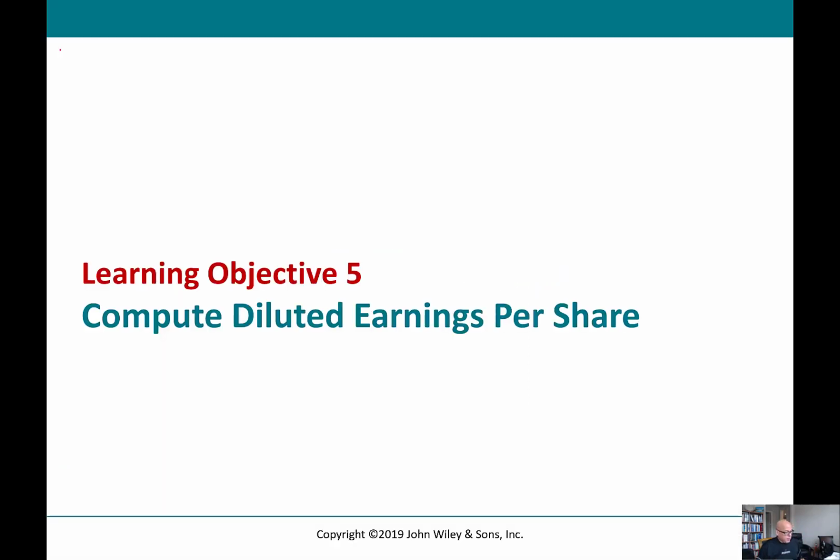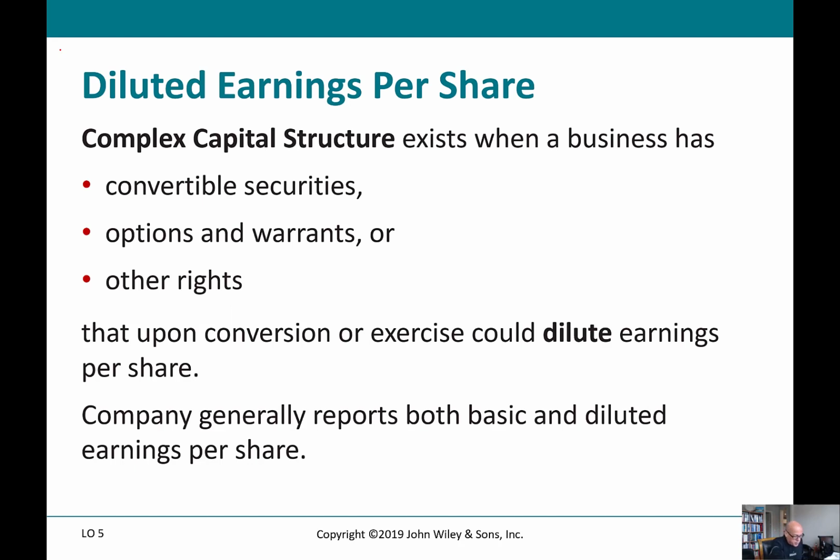And again, the nature of the items that we need to consider in calculating our diluted earnings per share is what would happen if, say, convertible bonds or convertible preferred stock were converted into common stock. What would happen if the options or the warrants were exercised? And that's pretty much what we're going to focus on.